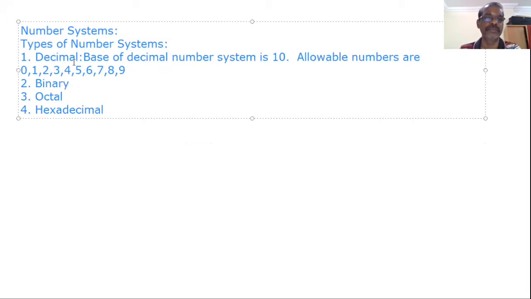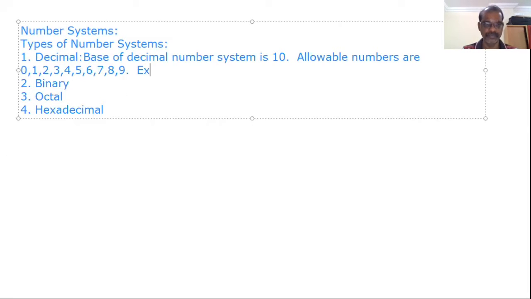The number system which has base 10 is called the decimal number system. See here, 10 digits are allowed, that means a total of 10 digits: 0, 1, 2, 3, 4, 5, 6, 7, 8, 9. In mathematics or normal life, we are using only this decimal number system.